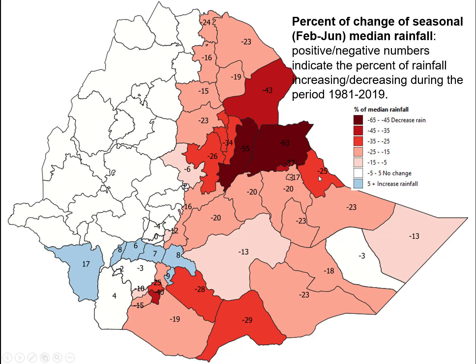So we're seeing here that all these regions are losing a great amount of rainfall. These regions right here are gaining rainfall. So we see that here, this region right here, I think this is a data problem.